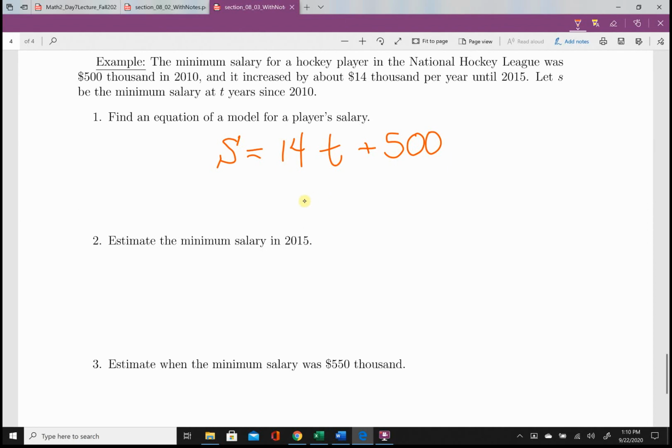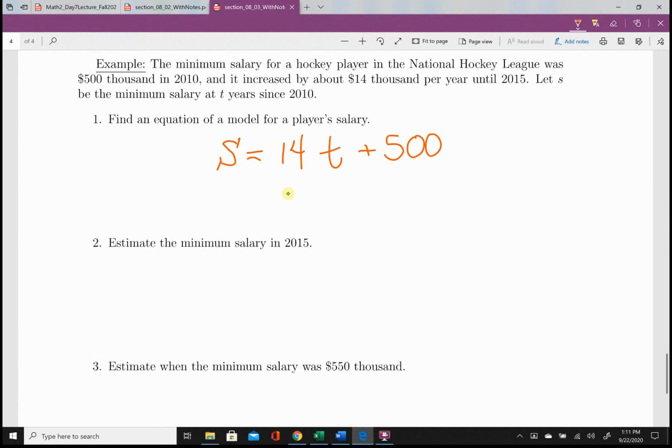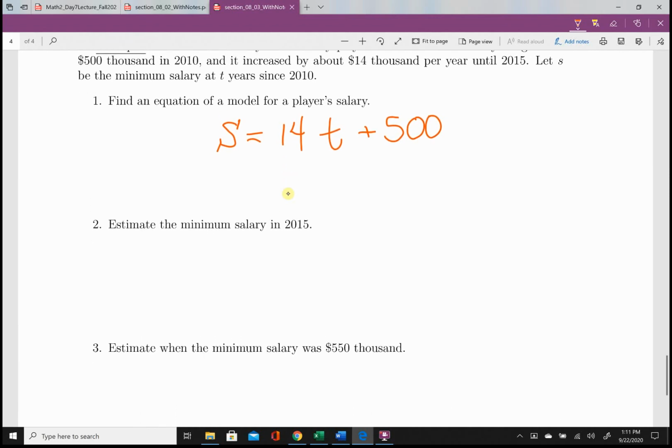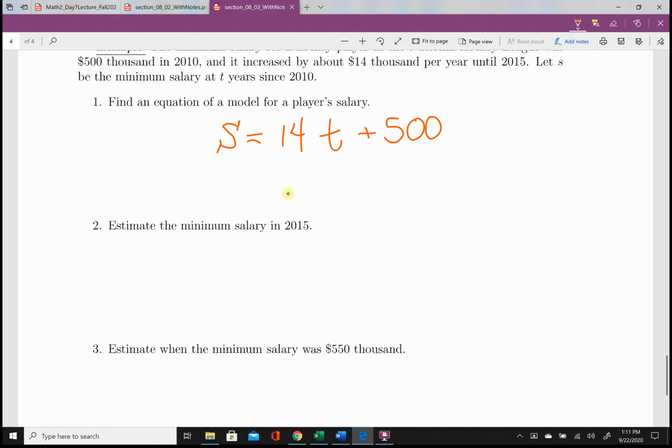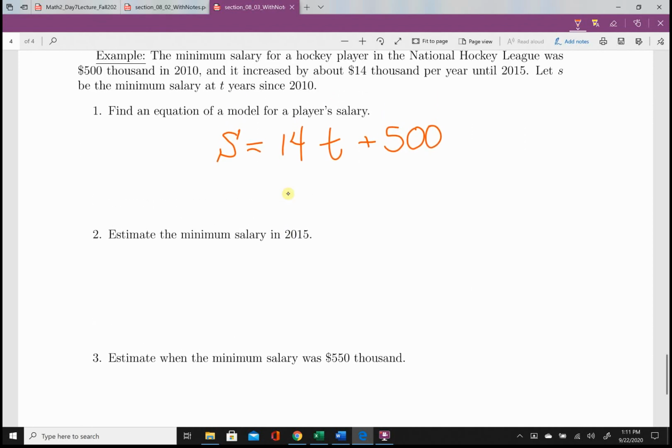I can get into more detail about this in a lecture if you'd like, but just so that I don't make this video too long, I'm going to go ahead and estimate the minimum salary in 2015. So 2015 is how many years since 2010? That means T will equal 5 in 2015. So really we're asking, what is the salary?